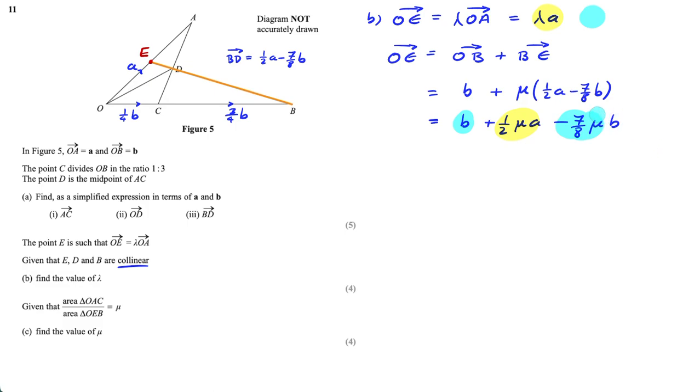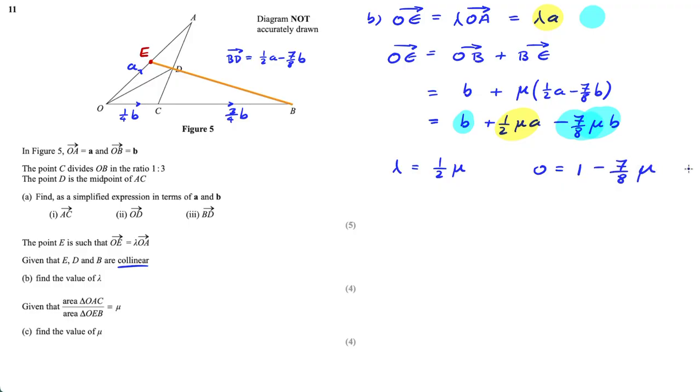Well, the whole thing. Okay, so I can say the A's equal the A's, so lambda equals 1/2 mu, and the B's equal the B's, so 0 equals 1 minus 7/8 mu.